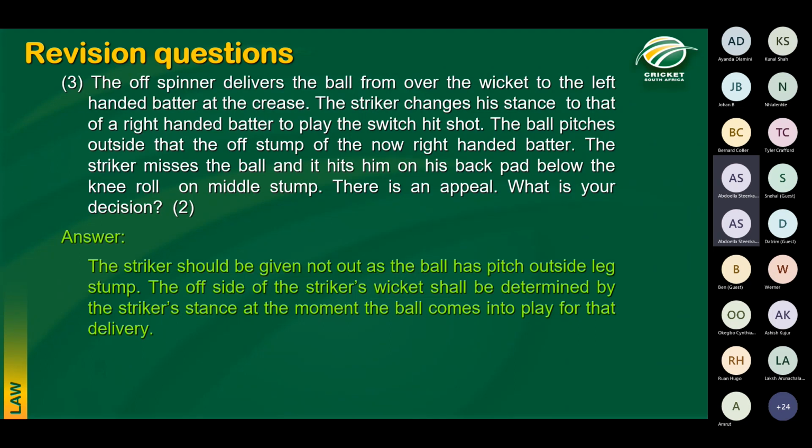Yes, it was outside off stump of the right-handed batter, but you don't take that into account. You need to consider when the bowler took his first step, what batsman was this? This was the left-handed batter, pitch outside leg stump, and that's the reason why the answer to the appeal was not out. Well done, virtual high five. Thank you.